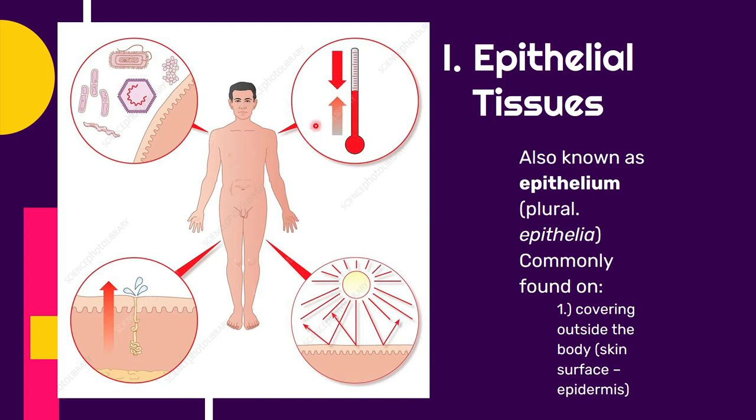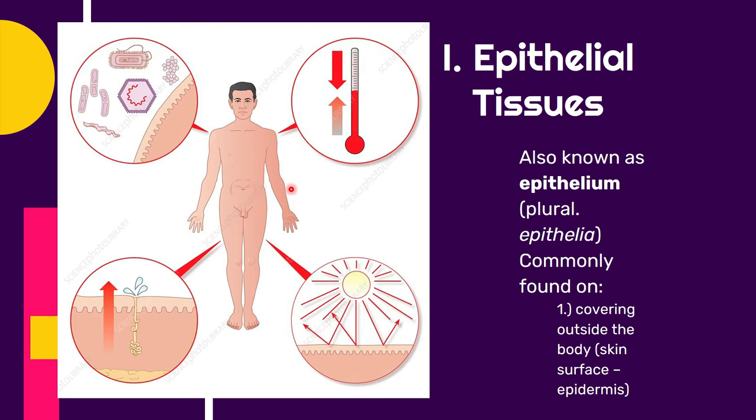Epithelial tissues covering the outside of the body have a lot of significance. Number one, the epidermis or the outer surface of the skin serves as the first line of defense against foreign bodies such as bacteria, viruses, and other microorganisms, and also protection against the rays of the sun and the changing external environment conditions, for example, temperature. We humans are known as endotherms or warm-blooded organisms.